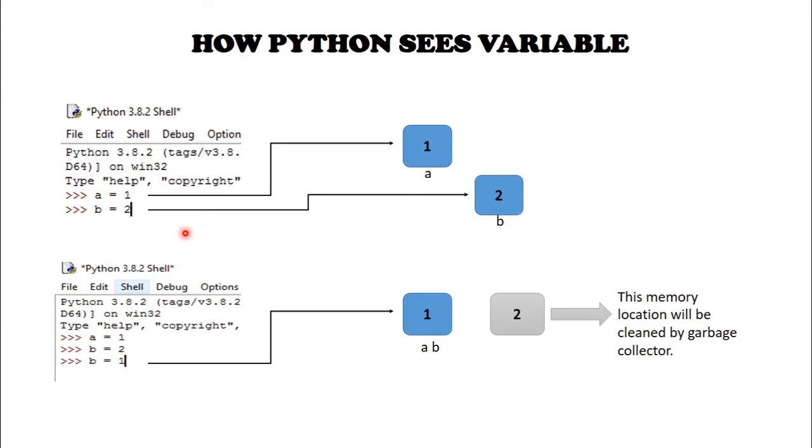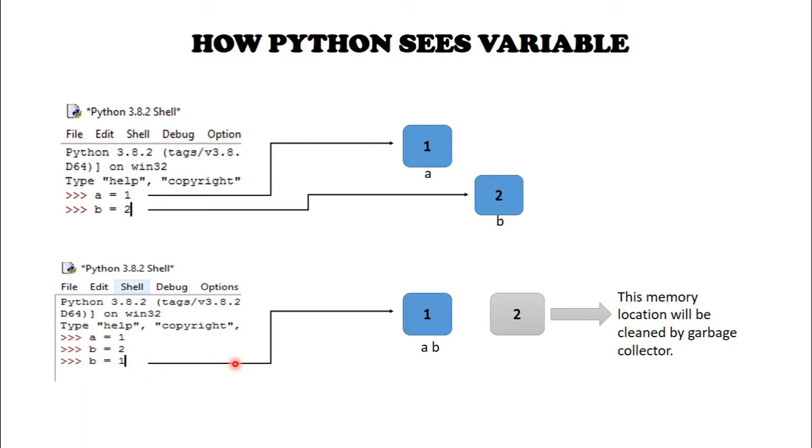But when I assign 1 to B, the question arises is if A and B still pointed to different memory location. The answer is no. Both A and B pointed to the same memory location.